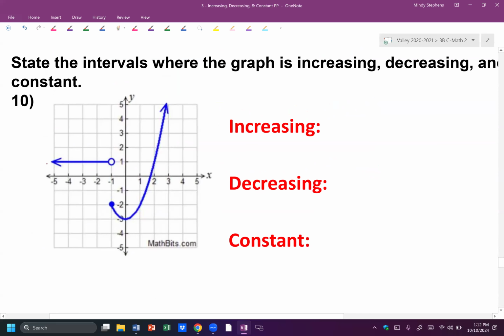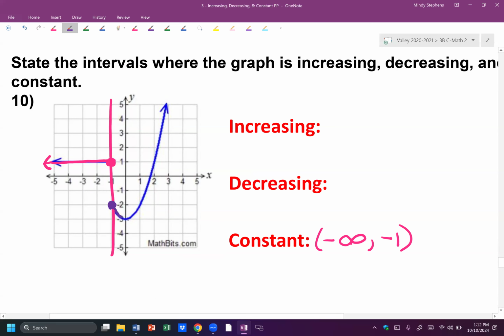Okay, so first piece is constant. It's got an arrow on the left side, so it's constant from negative infinity. And it stops right here at -1. So that's where it's constant. And starting at -1, so it's jumped down, but it's still on that same line. It's starting to decrease.